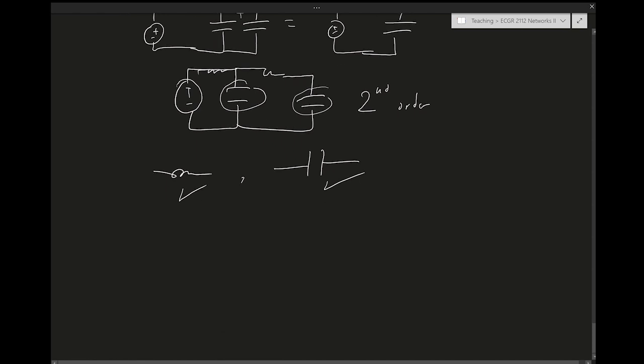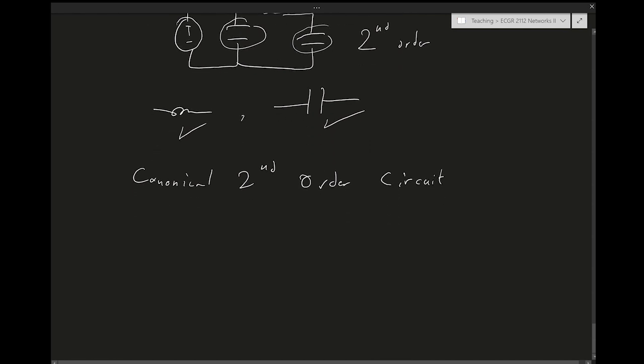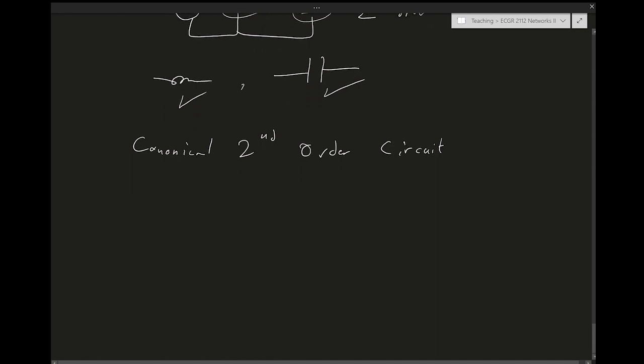So the canonical second order circuits are as follows. They could either come in a series variety or a parallel variety. So we could have a resistor, an inductor, and a capacitor all in parallel.